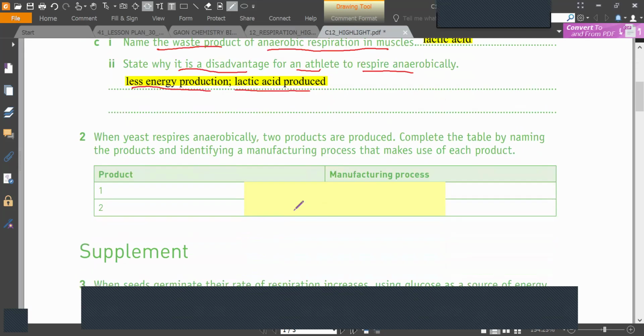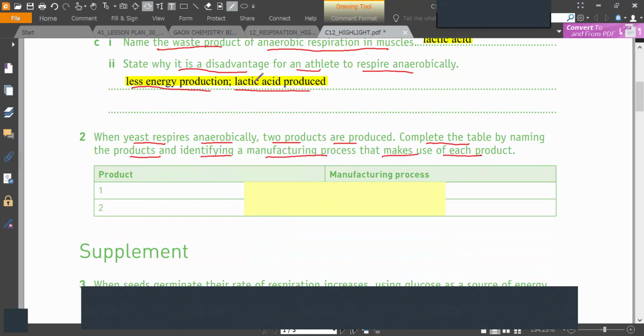Next. When yeast respires anaerobically, two products are produced. Complete the table by naming the products and identifying a manufacturing process that makes use of each product.